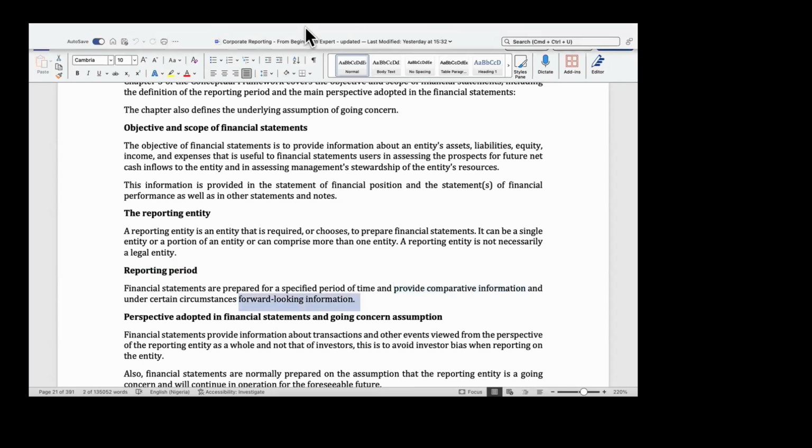So it should be able to provide forward-looking information to us, right? Like having predictive value, like I explained critically when I was looking at chapter 2. So the reporting period is just looking at the period for which the financial statement is presented, the current period, the previous period, and there's nothing wrong with the current period providing forward-looking information that will make users able to predict, right? So, reporting period.